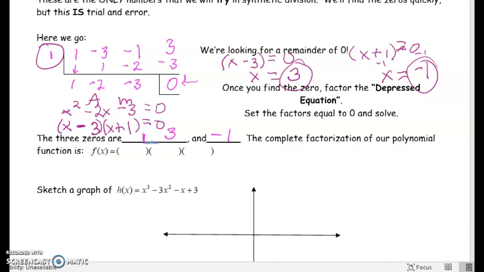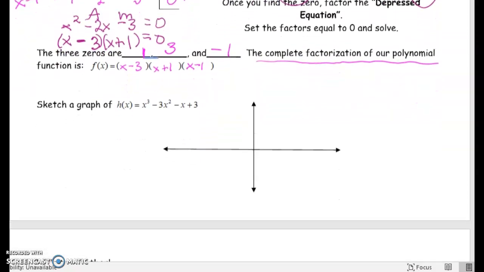If I wanted the factorization, the complete factorization of the polynomial, the factors, in other words, the factors are x minus 3, x plus 1. Remember, we got those when we factored. And if +1 is one of the zeros, the factor is x minus 1.